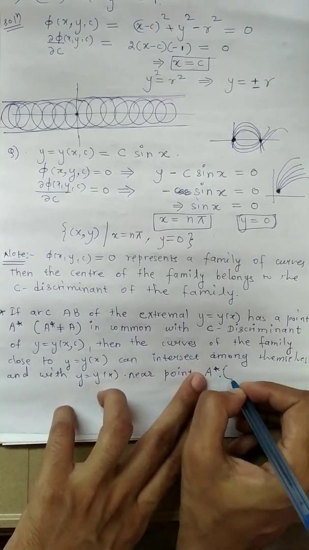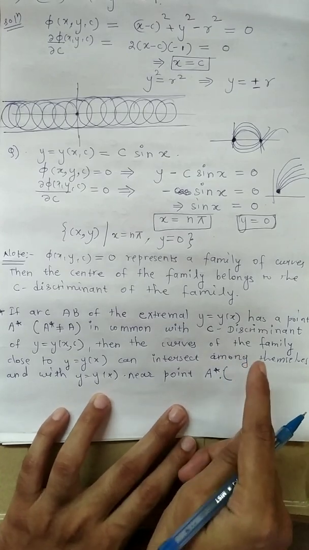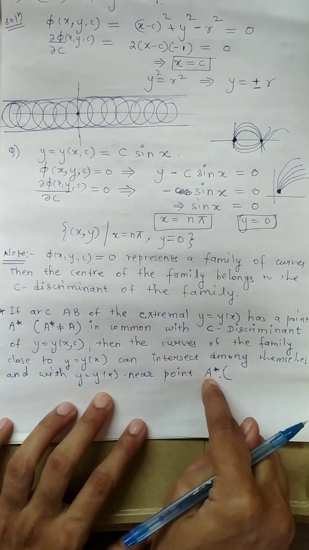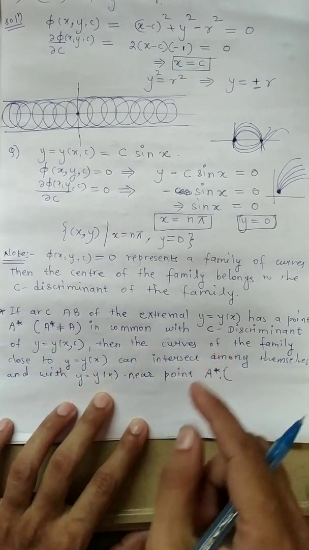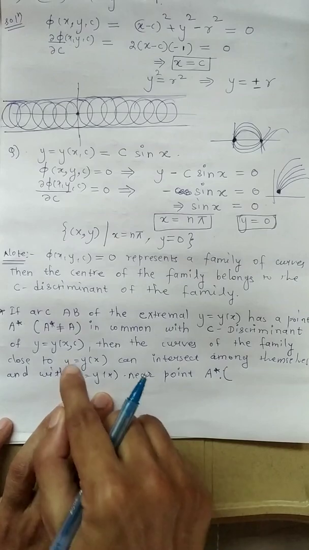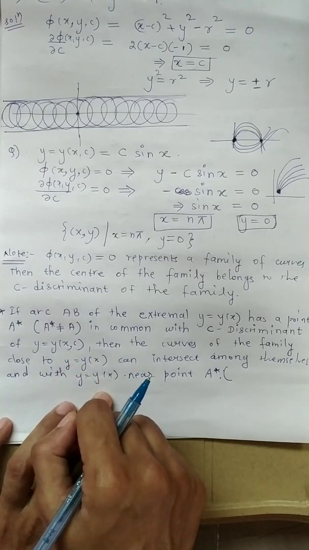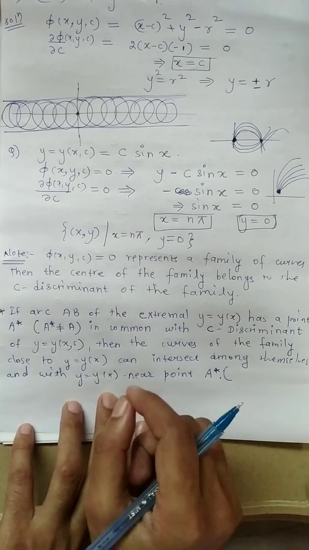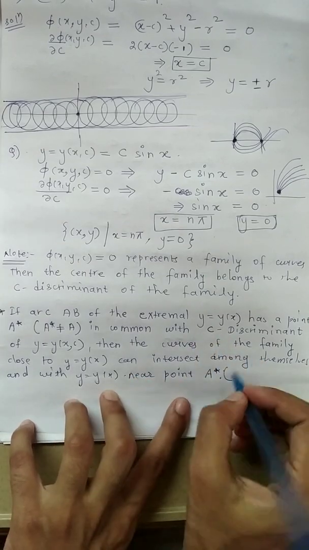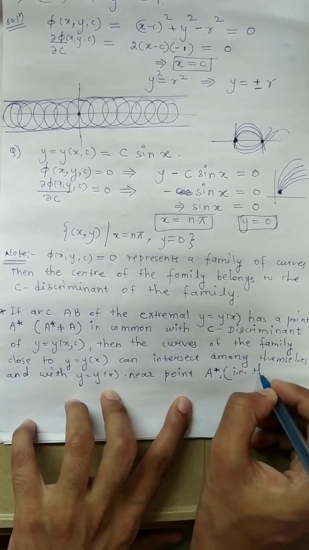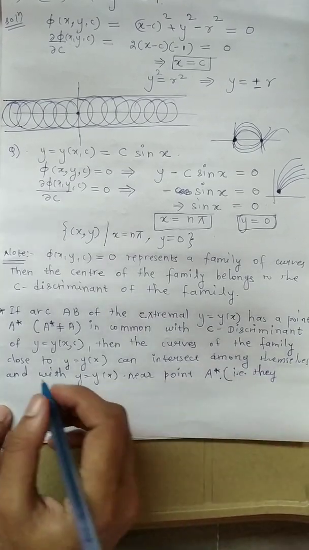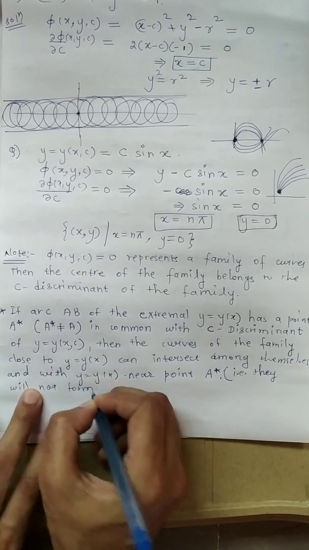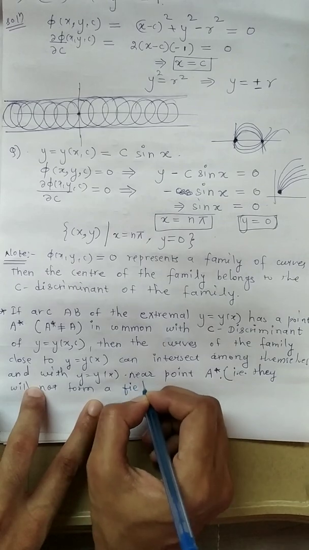Okay, and suppose this happens, that is, if near the point A star the curves of this family intersect among themselves, or they intersect this extremal y equal to y of x, then it is very clear that they will not form a field.